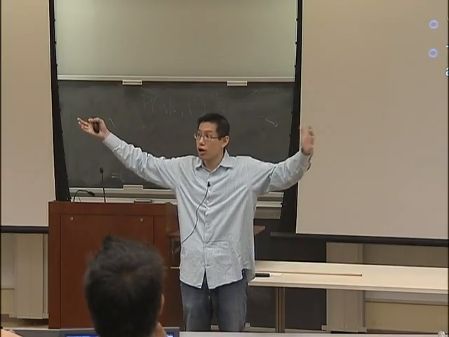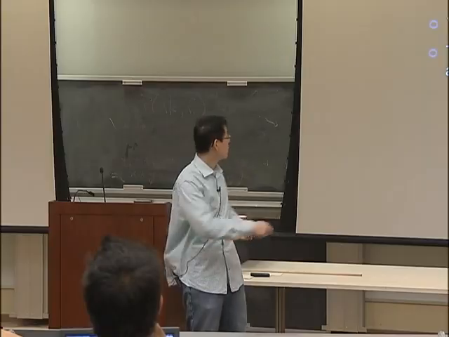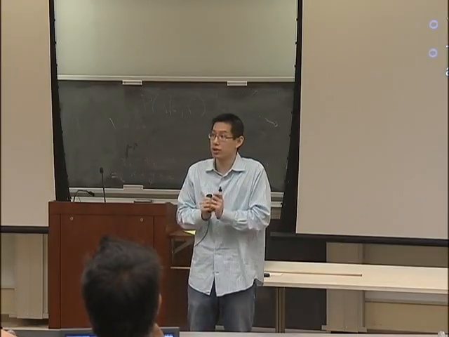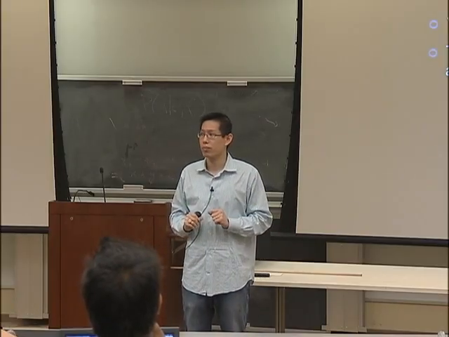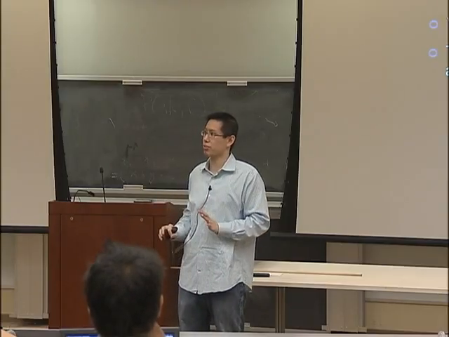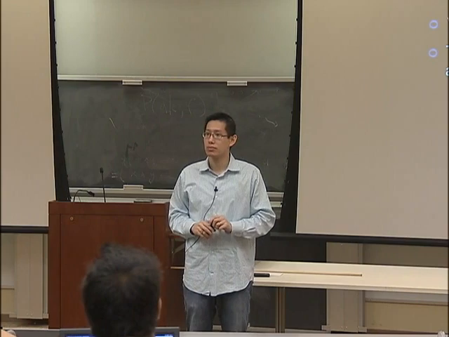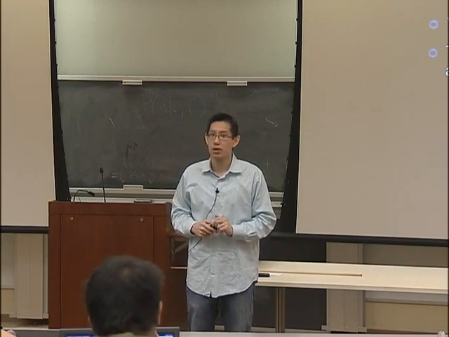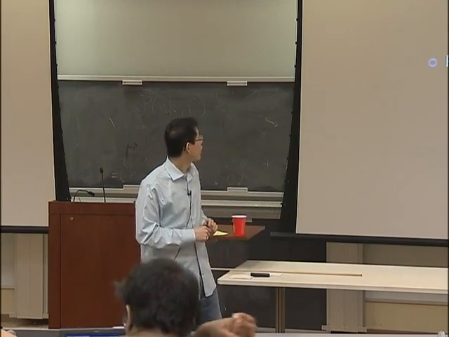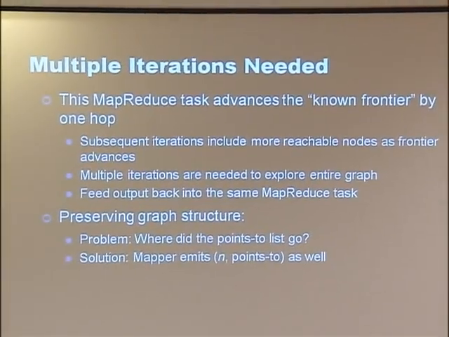All those costs get brought together, and the reducer simply takes the shortest one. With a little bit more additional bookkeeping, you can actually keep track of the paths, but this just keeps track of the distance. So what happens is you run this algorithm multiple times, multiple iterations.